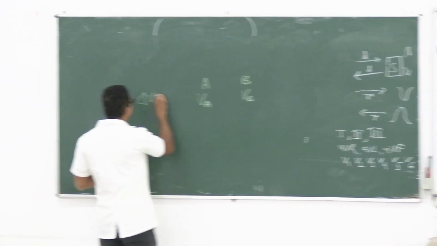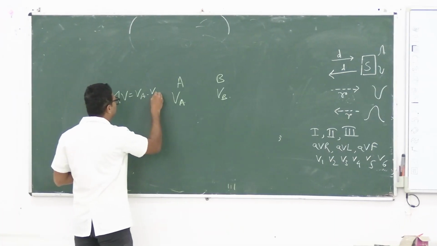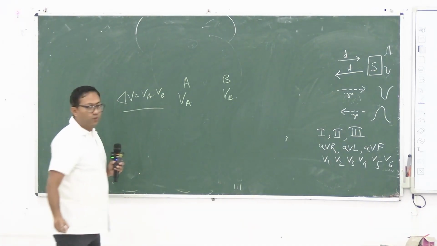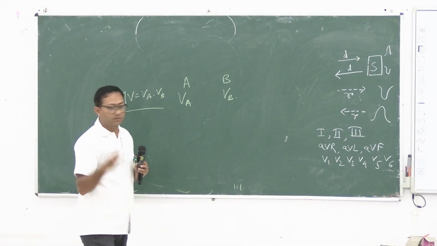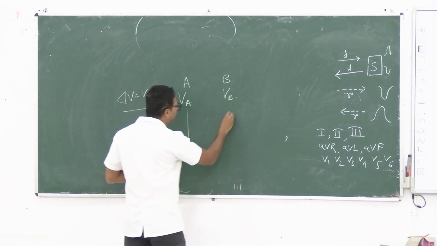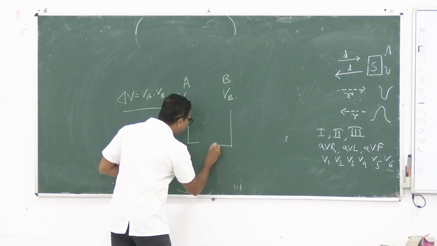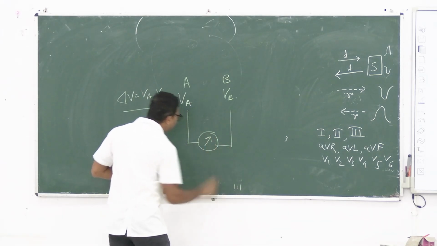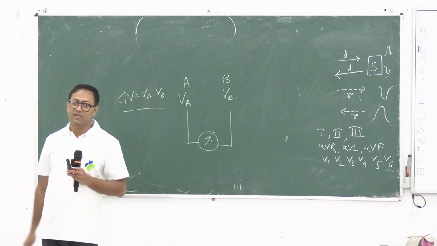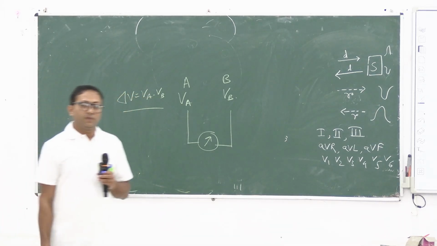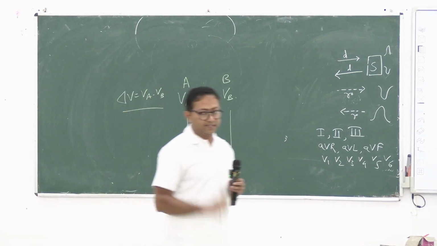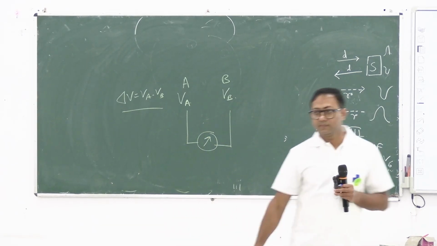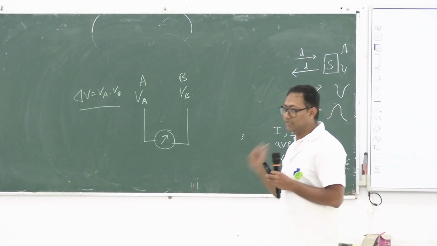So delta V is equal to VA minus VB. To do this, you need two electrodes, one at each point, and connect them in between with a voltmeter. Clear? Simple. This is the definition of a lead.